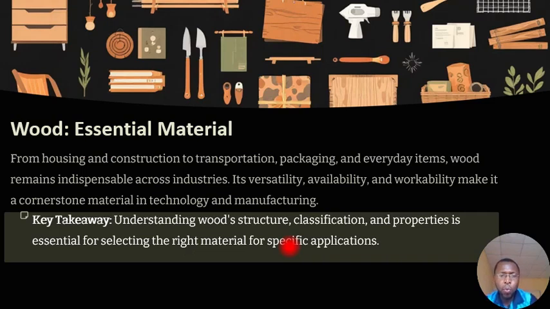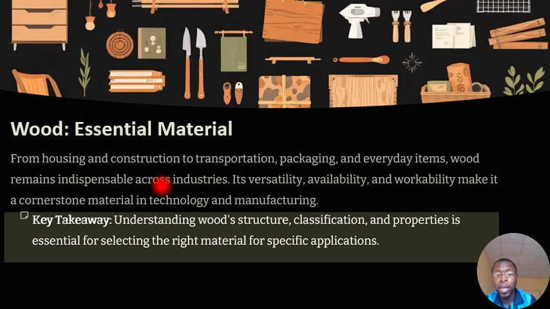Okay, so in summary, we say that wood is applicable in the aspect of our housing, in the aspect of transportation, in the aspect of packaging, in our everyday items. We make use of wood. Wood can never be discarded. They are always useful. So they are essential materials in our day-to-day activities. All right.